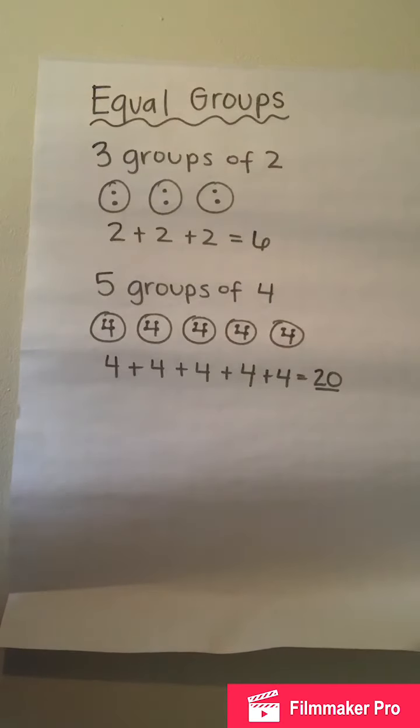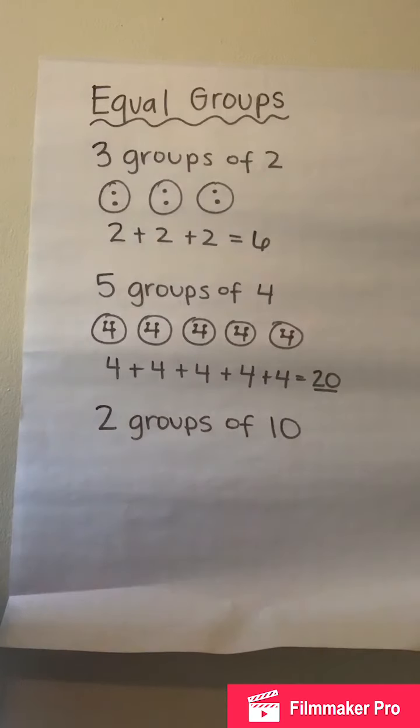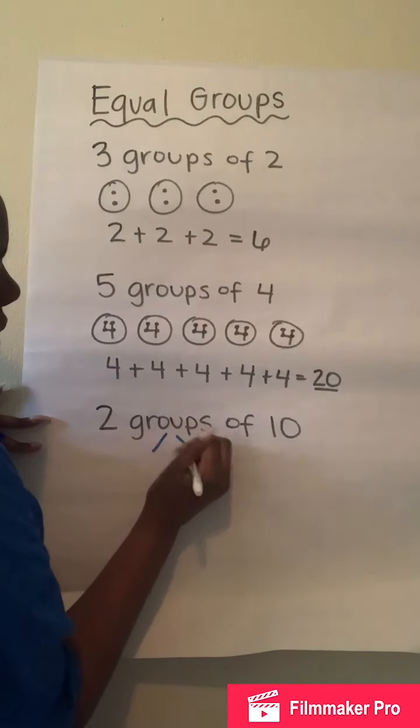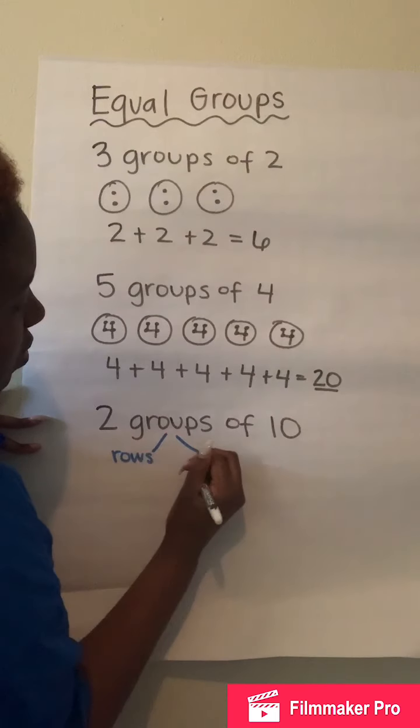Now, we also talked about how we can draw our groups differently than just drawing circles with dots or numbers inside of them. We can go into our learning about rows and columns, and we can draw rows and columns. So if I wanted to draw 2 groups of 10, my groups can be rows or columns.